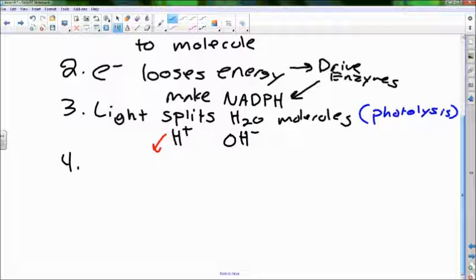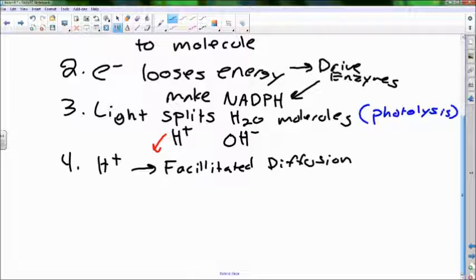Part 4 is that the H plus ions, so the hydrogen ion that comes from the water molecule, is going to go through facilitated diffusion out of the thylakoid.